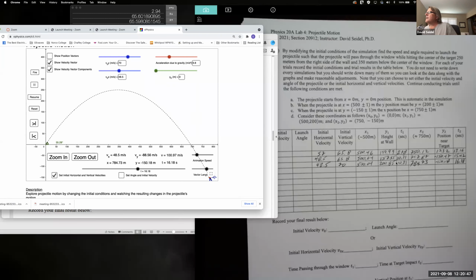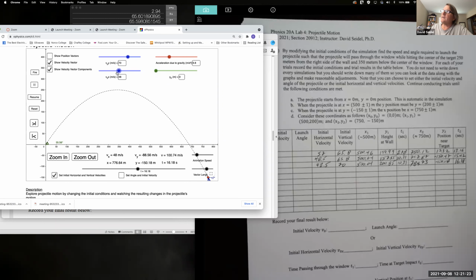And then I went back and I checked X1 and Y1 was now too low. So I increased my vertical velocity to get this back in line, because I went from 65.8 to 70, while holding my horizontal velocity constant. And now, to be at minus 150, I'm at 784. So now I adjust my x velocity again, because if I adjust my x velocity, it affects only this number.